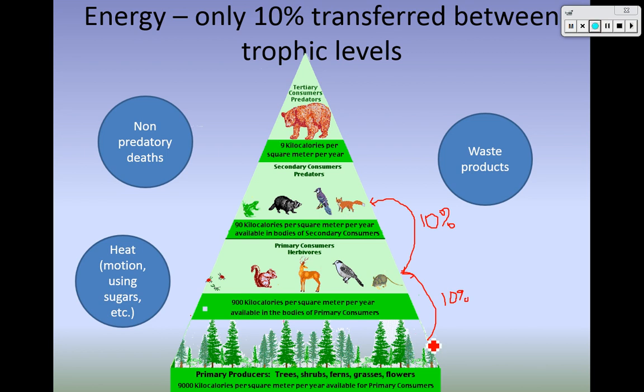But that means that 10% of 10%, which is 1%, is transferred from here. So that's a huge loss of energy as you're going up the trophic pyramid, which is why if you're eating down here, you are maximizing the energy that is lost to the ecosystem. Which again is why, and we're going to talk about this a little more as far as what you eat, especially when we eat the mealworms, and why it's important.